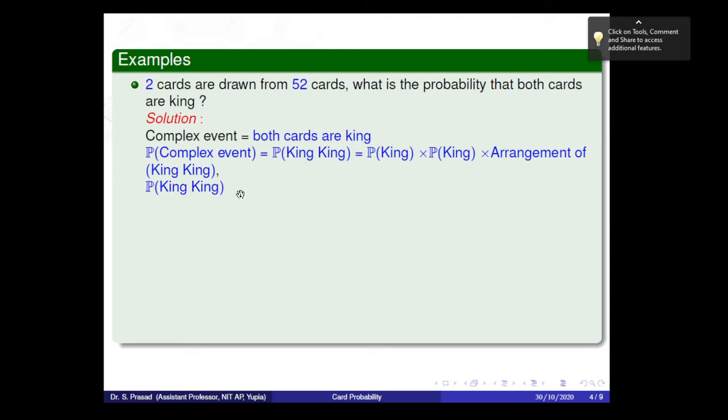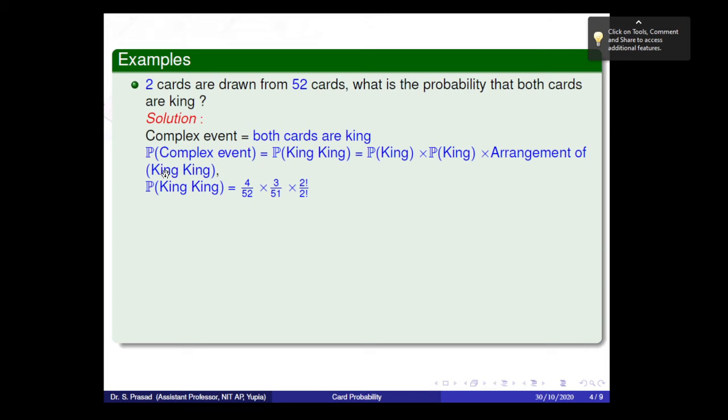And now we write the numerical values of the probabilities of king. In 52 cards, 4 kings are there, so the first step is 4 by 52. Now again a king, but we have already placed one king, so the remaining kings are 3 and the remaining cards are 51. So the probability of king is 3 by 51, into arrangement.